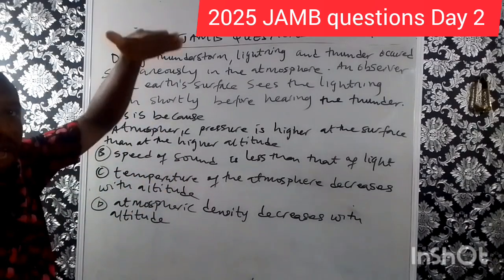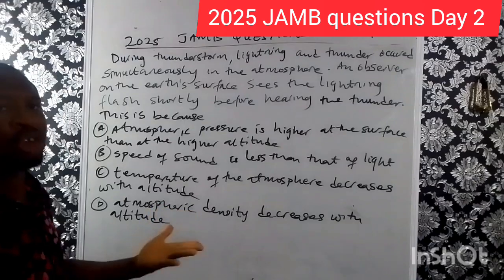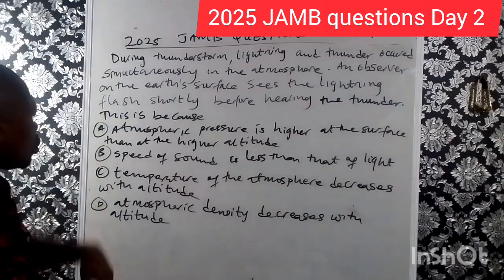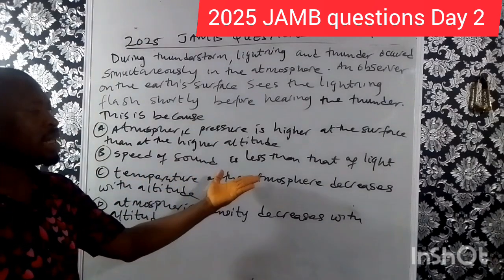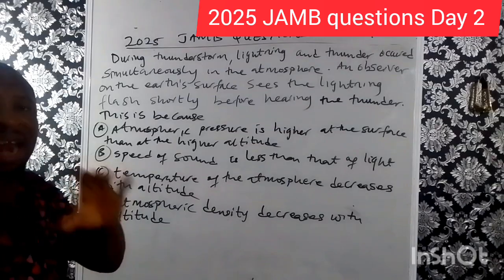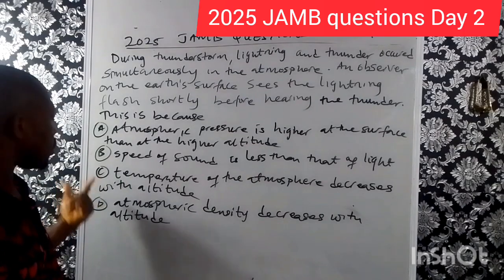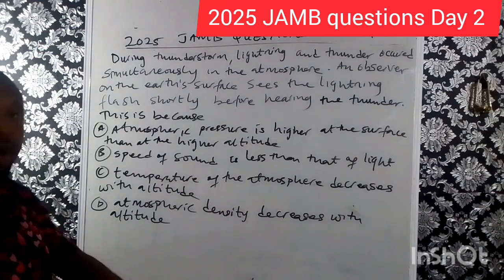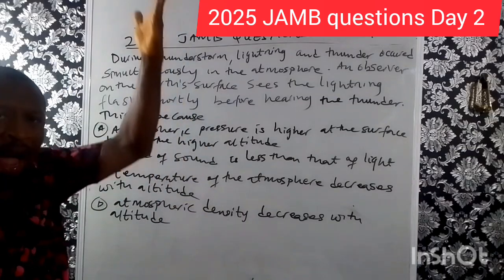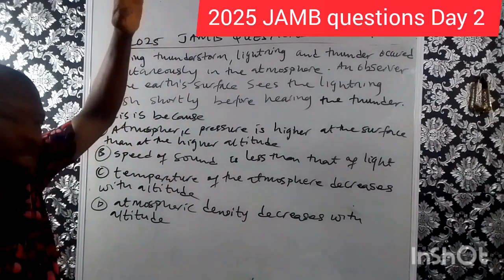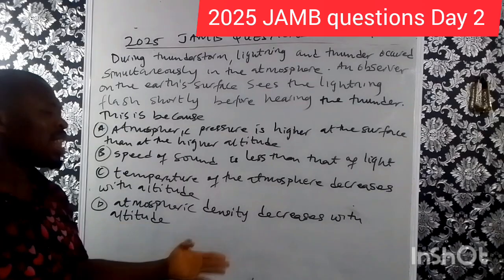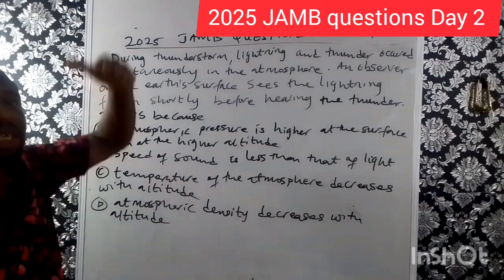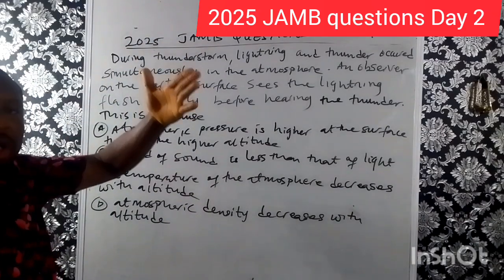Altitude has to do with height. Does it mean that the atmospheric pressure is higher at the surface than at that high altitude? B, speed of sound is less than that of light. C, temperature of the atmosphere decreases with altitude. Does it mean that as you go higher, temperature reduces? D, atmospheric density decreases with altitude. Does the density of the atmosphere decrease as you go higher?